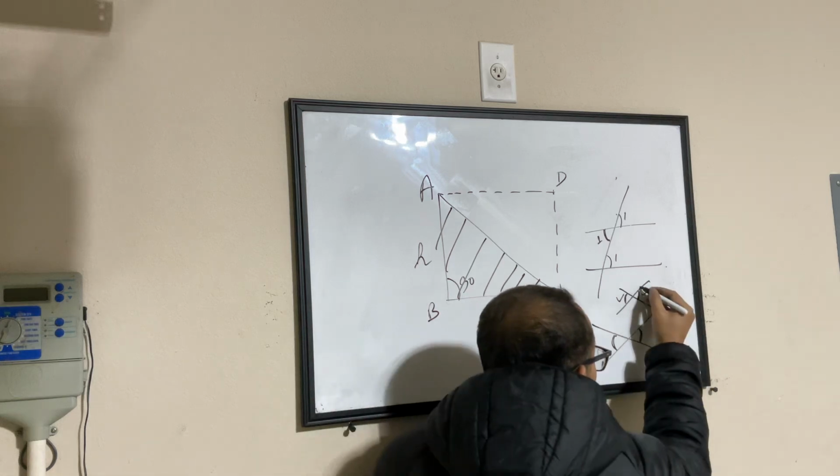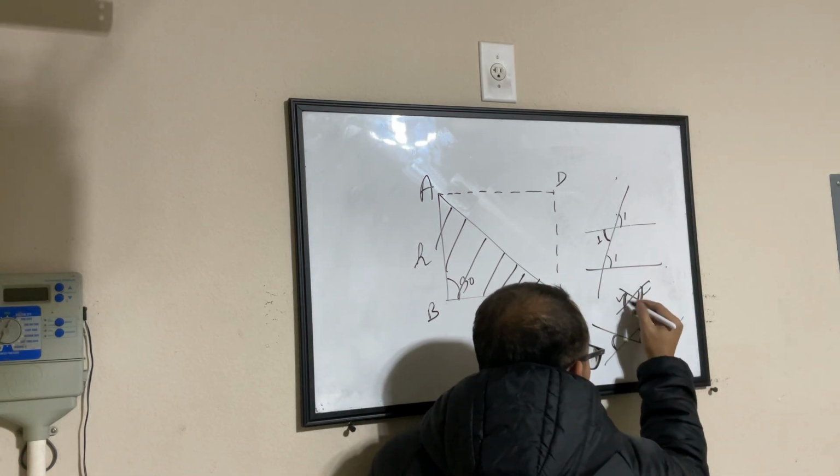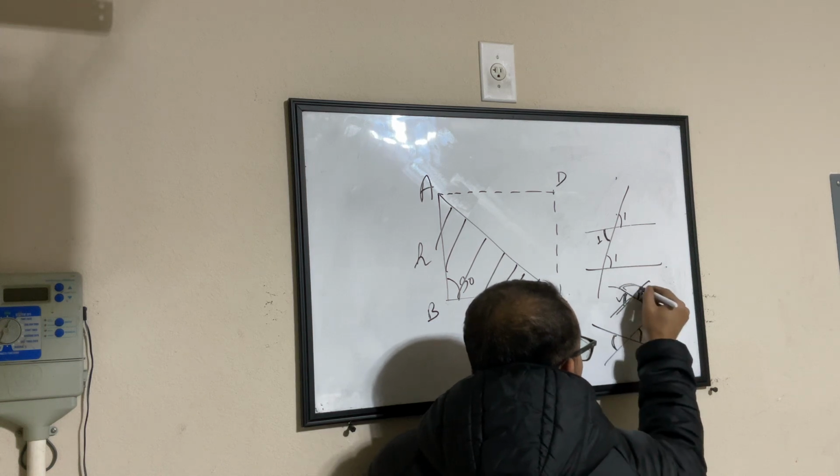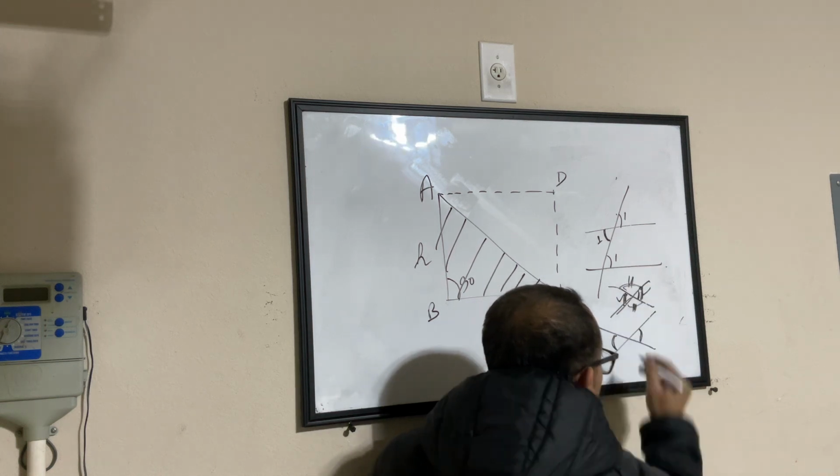It's the inclination between this line and this line that doesn't change when you go beyond the intersecting point also. Similarly, this angle and this angle will also be the same. They are also opposite angles.